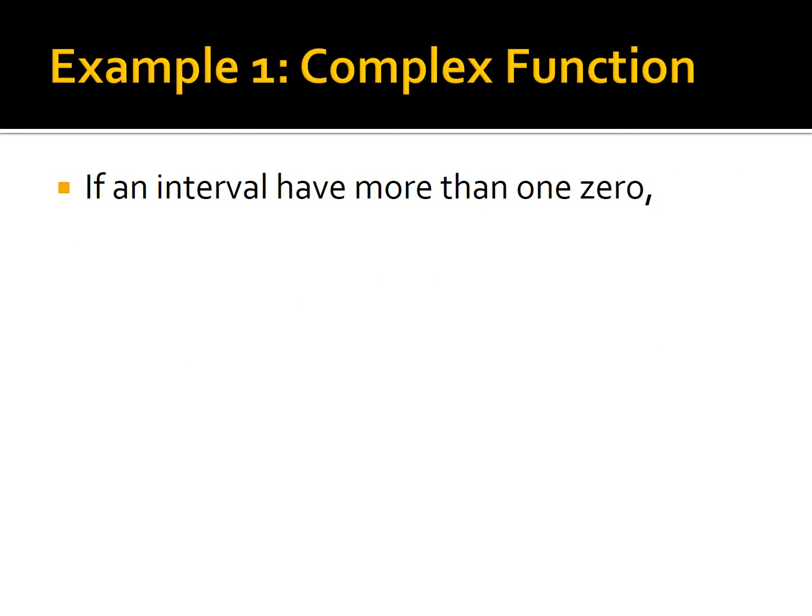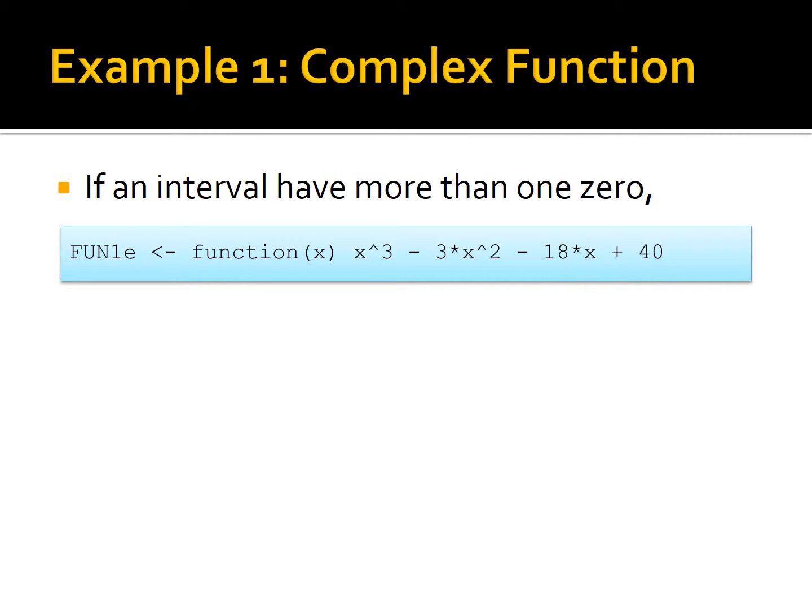Sometimes within an interval, you have more than one zero. For example, I have this function such that f of x equals x cubed minus 3 times x squared minus 18x plus 40.